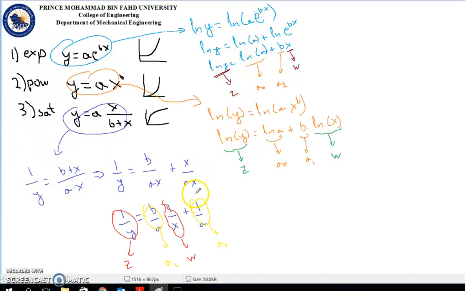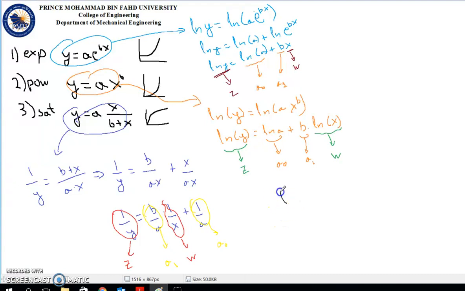In general, we can linearize any relationship we're given as long as we remember that we want the dependent variable to equal a constant times the independent variable plus another constant, which is the expression of a line.